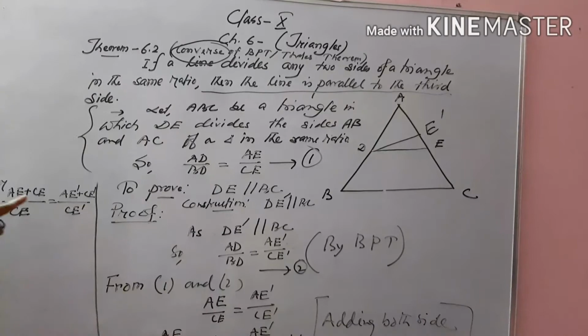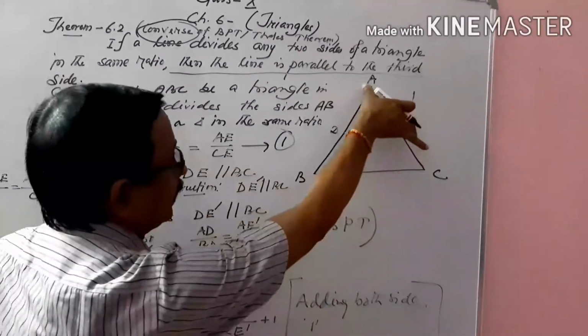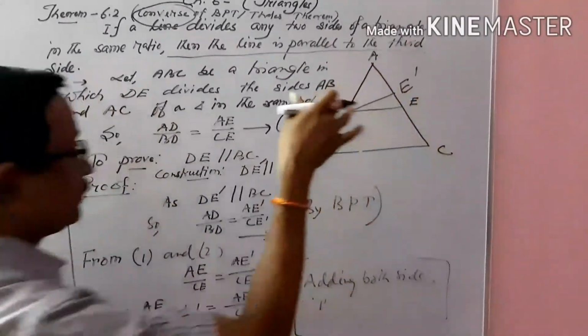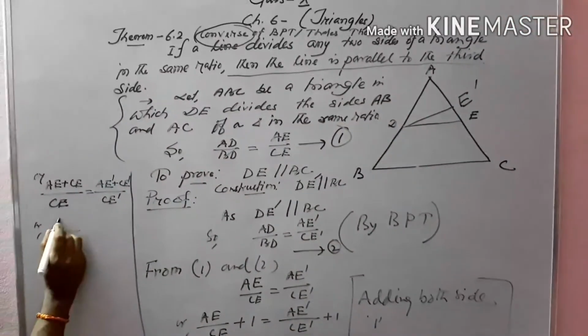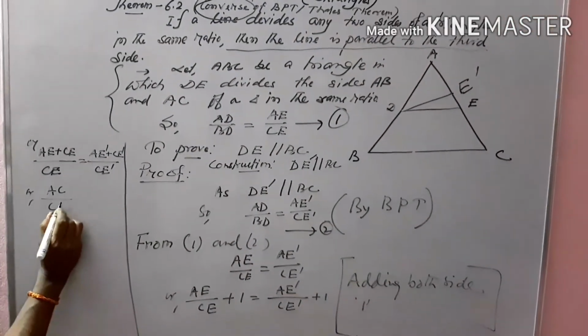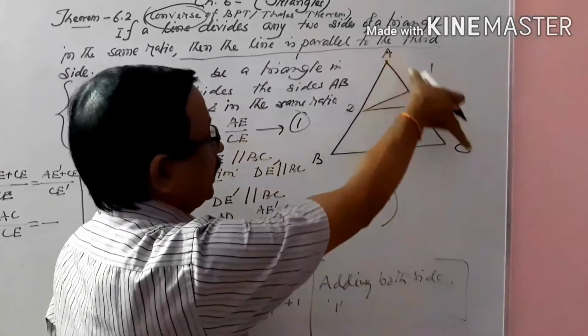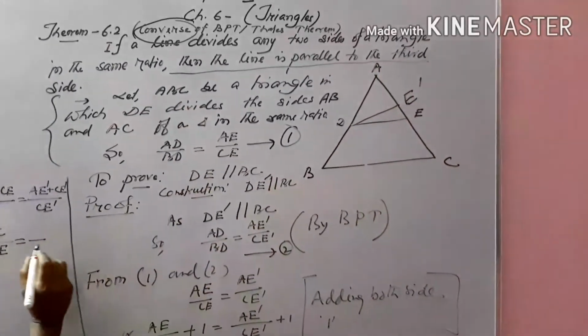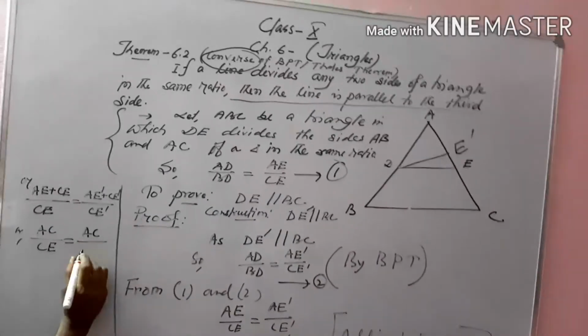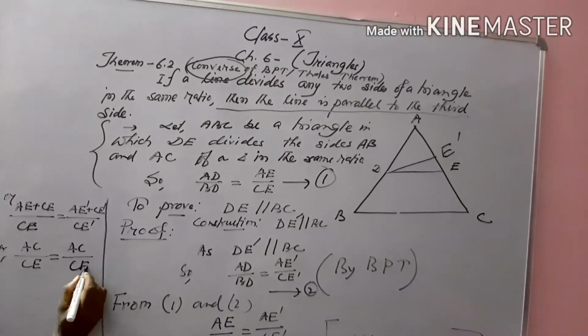Then AE plus EC, look at the figure, is AC, and the denominator remains the same. And AE dash plus E dash C is also AC, and the denominator remains the same.